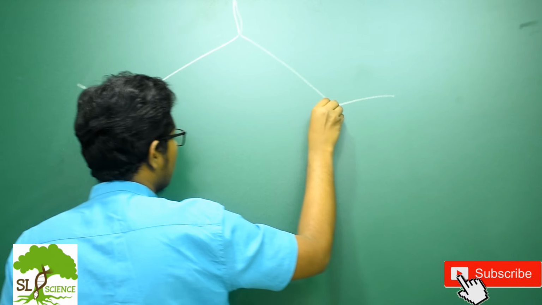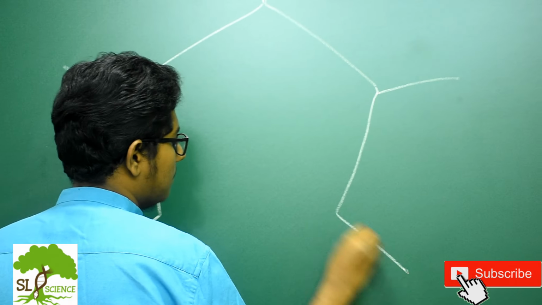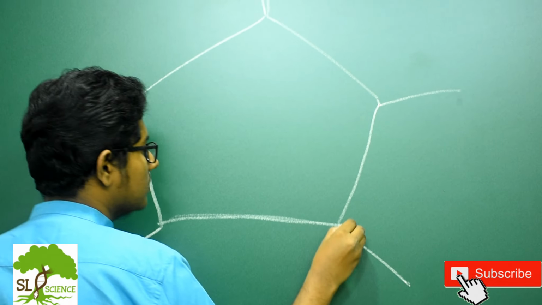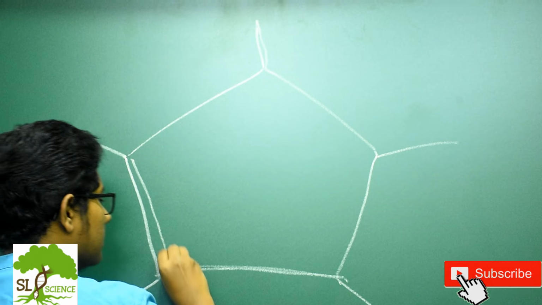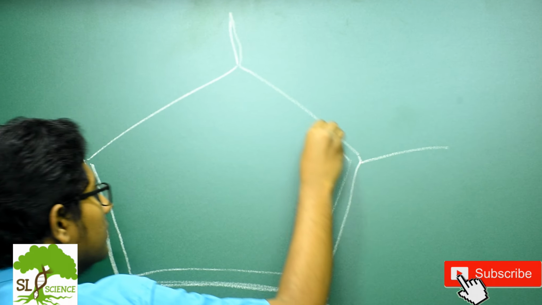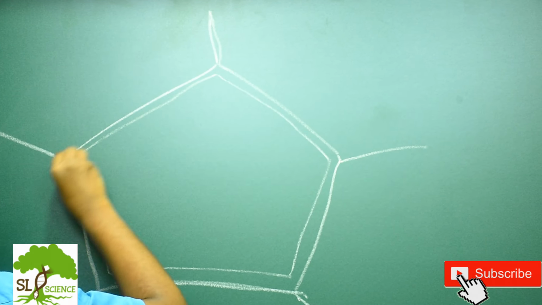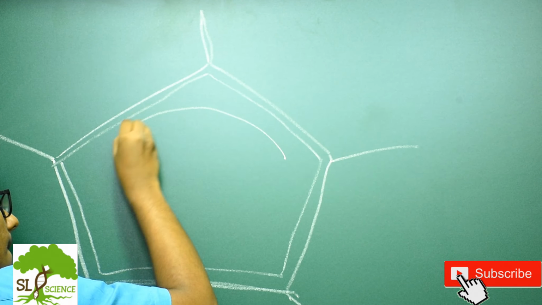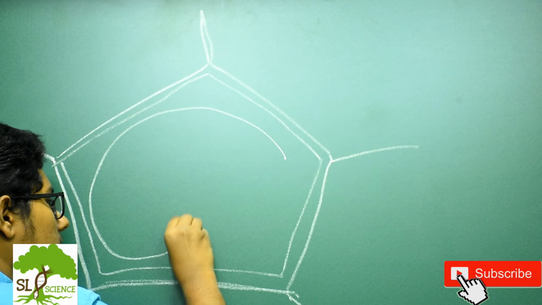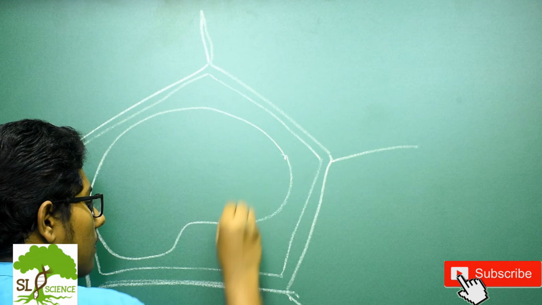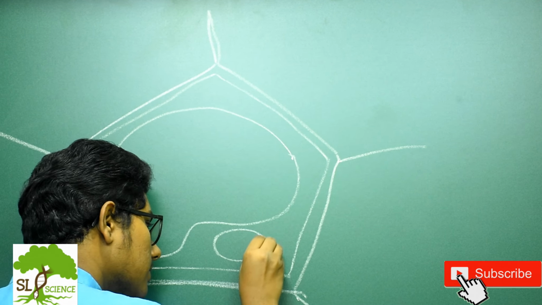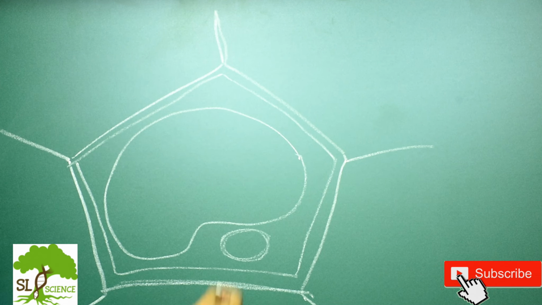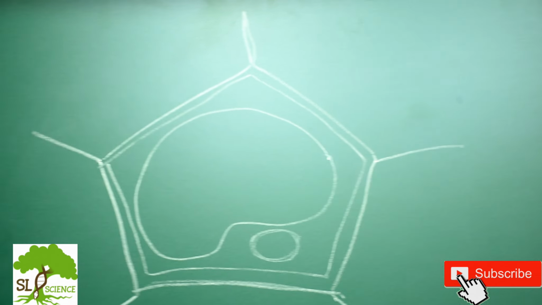the plant cell. This is a plant cell. And this is the cell wall and the cell membrane, and here is the vacuole, and here is the small nucleus, a small nucleus and a large vacuole.